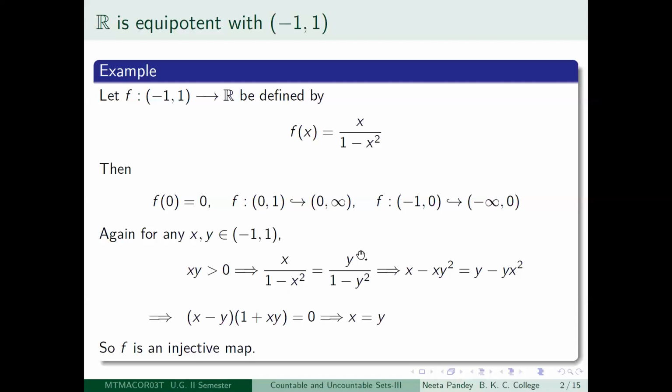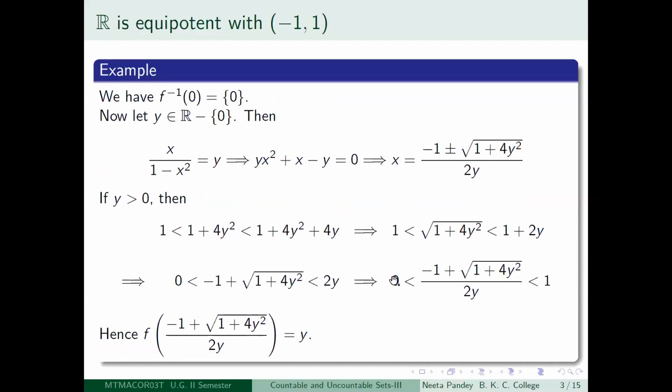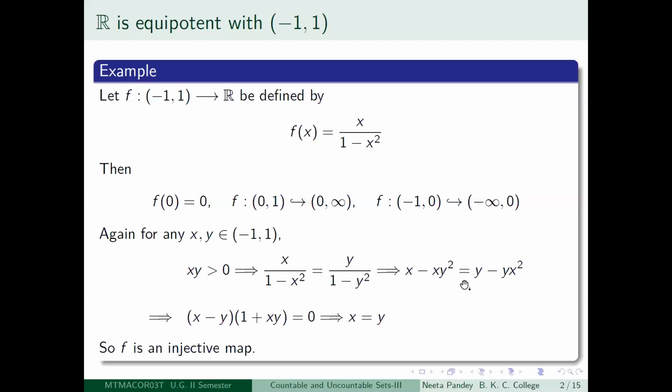Just to notice what you're doing here. So you get a y minus yx squared here and x minus xy squared here. And in this equality, if you take all the terms on the left hand side, that is, if you subtract y minus yx squared on both sides, then you will get an x minus y first of all, and then you will get a yx squared minus xy squared. So if you take xy common from that, then you will again get x minus y.